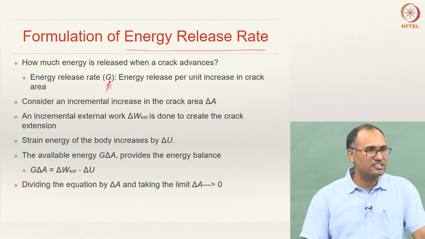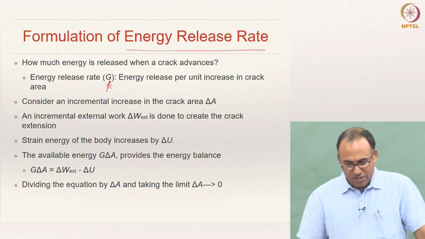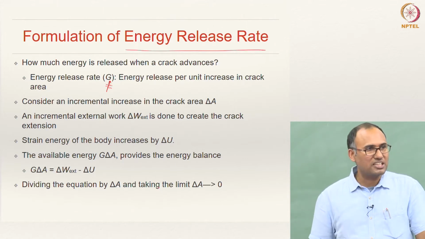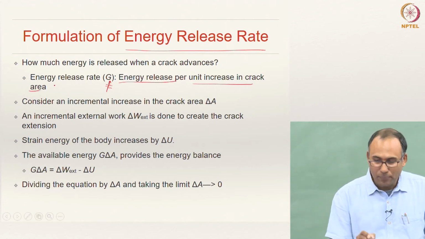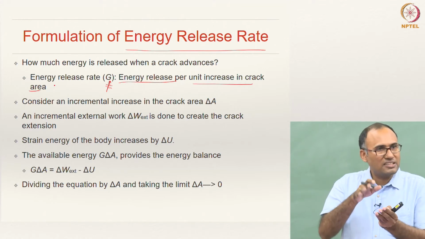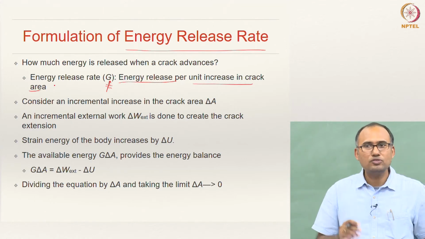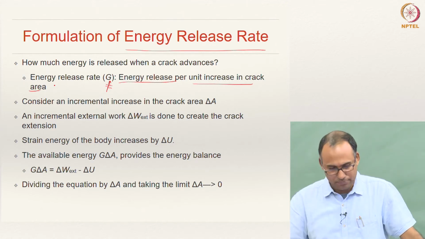Whenever you are in a fracture mechanics class, G is your energy release rate. So, what is the definition of energy release rate? Energy release per unit increase in crack area, as your crack is advancing. So, G is dE by dA, where capital A is your crack area.